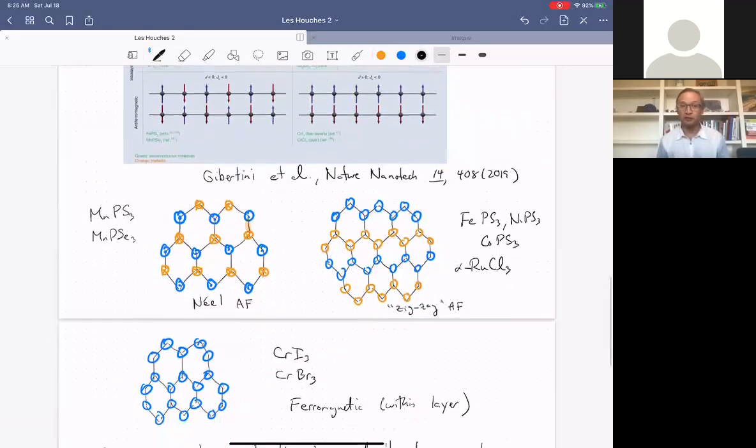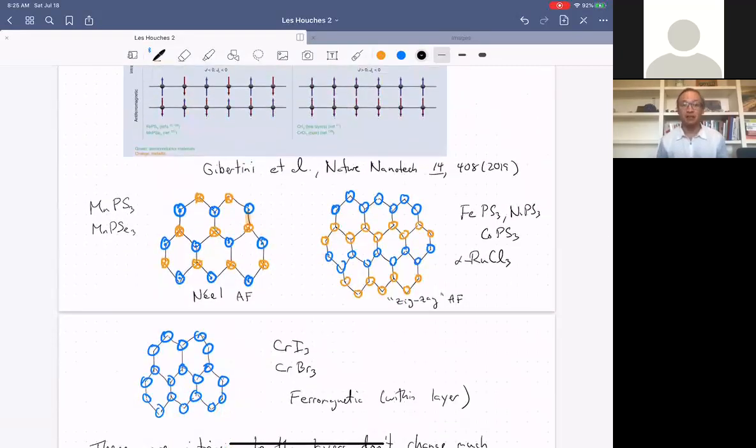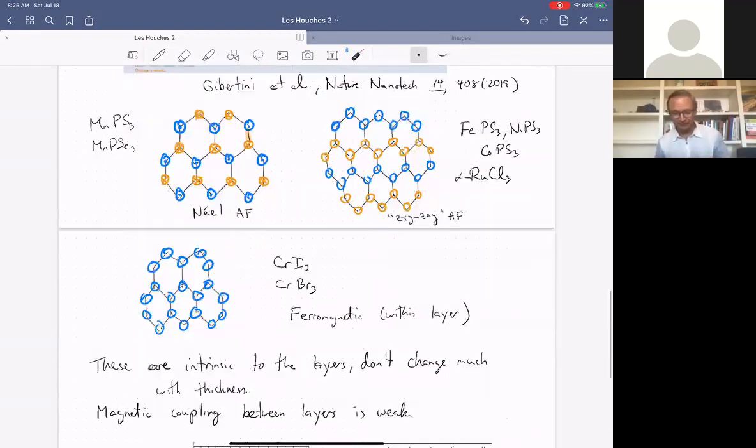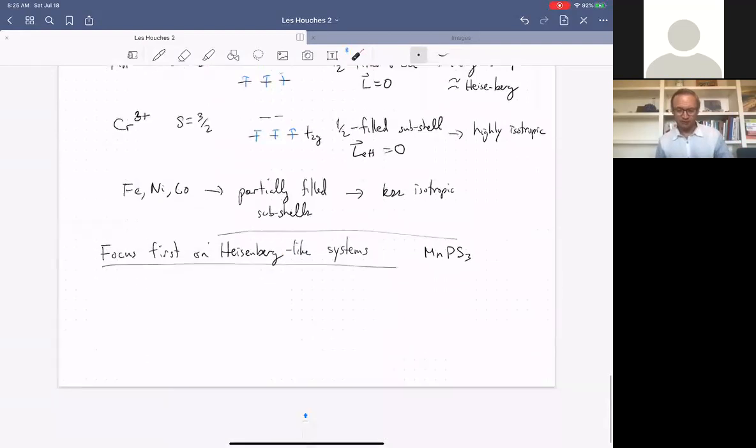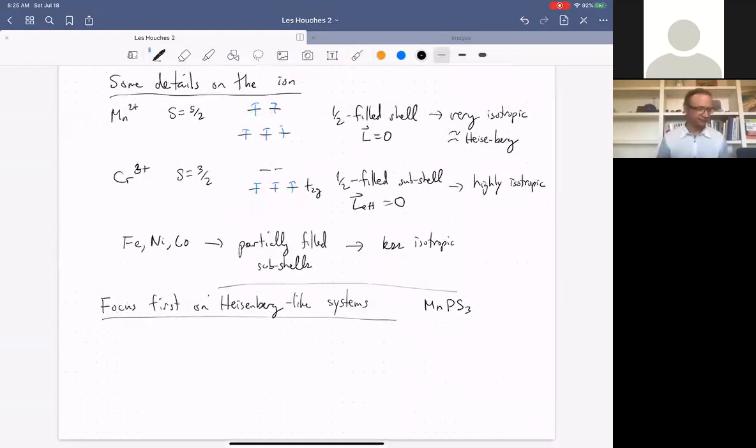For example, if we want to describe these Néel antiferromagnets here versus these stripy zigzag antiferromagnets here, the spin correlations are very different. We'll have a different description basically right from the starting point. Here I want to think about this Néel order. It's the simplest one.